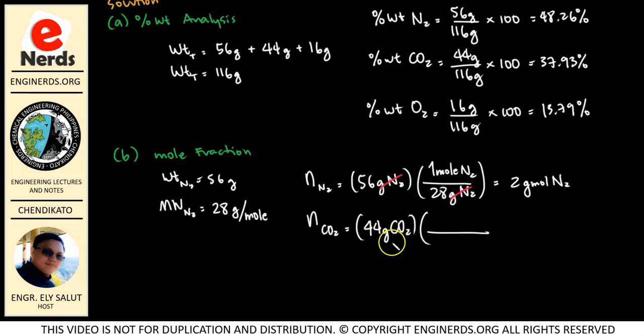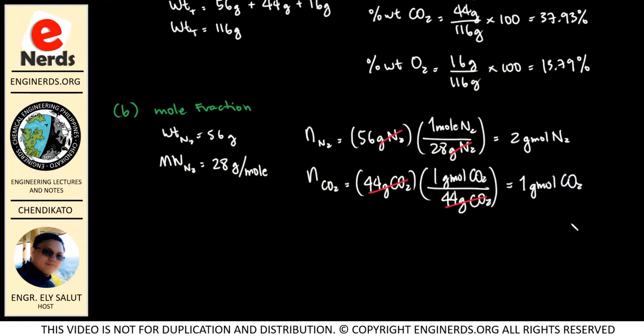It will give us 44 grams of CO2 per 1 gram mole of CO2. Okay? So, as you can see, our 44 grams of CO2 will be cancelled out. So, ang magiging sagot lang natin dito is 1 gram mole of CO2.